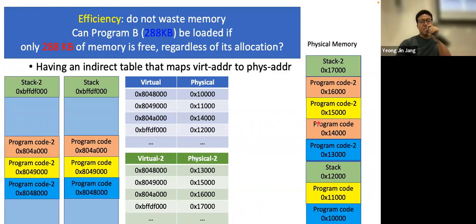But we don't have the problem that we cannot fit a big contiguous space into the physical memory, because memory that is virtually contiguous doesn't have to be contiguous in physical memory. What we need is this kind of table that makes the view contiguous.